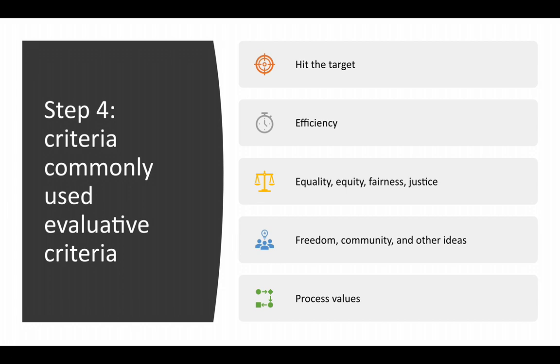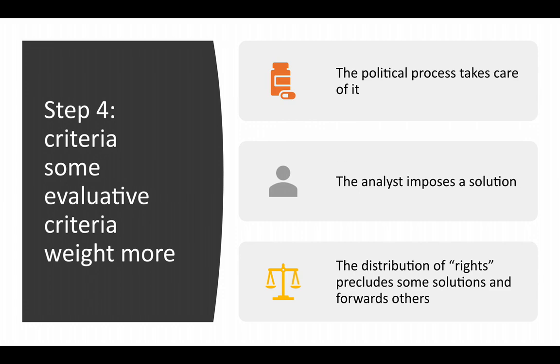Now, these evaluative criteria, you need to somehow prioritize them, while not considering all of them in practice when you are evaluating your alternatives. Right? Otherwise, it's probably too complicated for you to handle. Now, generally speaking, we would say some evaluative criteria weigh more than the others.